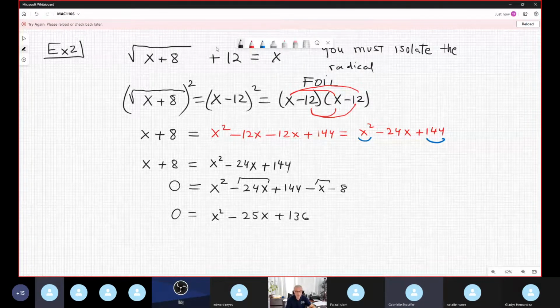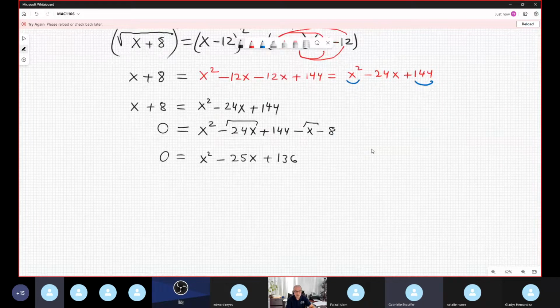I need to feel more comfortable, so I interchange it, equivalently, to say x squared minus 25x plus 136 equal to 0. It doesn't matter on what side I move, I interchange it into a nice equation that I need to solve.